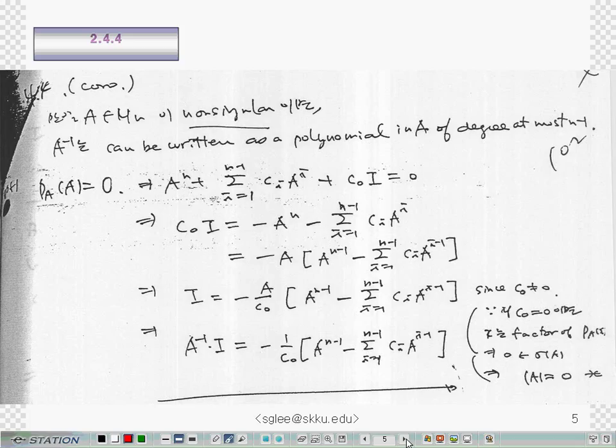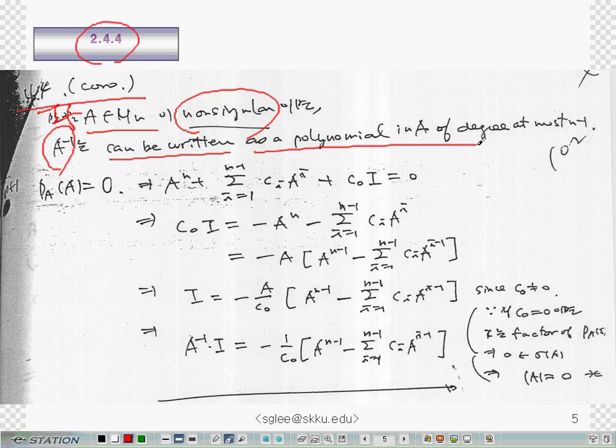Okay, there are many corollaries. Corollary 2.44. If A is a non-singular matrix, then A inverse can be written as a polynomial in A of degree at most n minus 1.